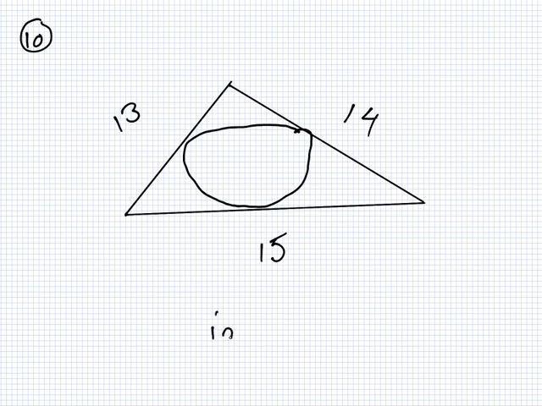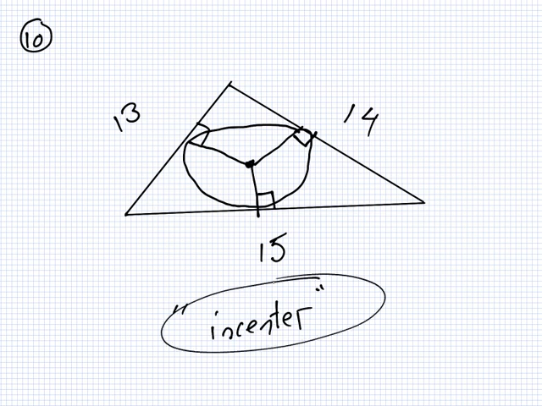It's called the incenter. What's special about this circle is the center is here, and these are all 90 degrees. You might want to look that word up later, okay? Incenter.